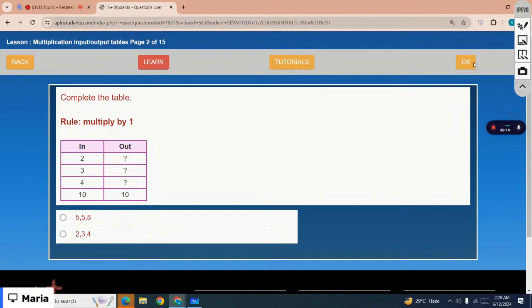The correct option is, yes, option number 1 is the correct. Option number 2 is the correct option. 2, 3, 4 is the correct option.